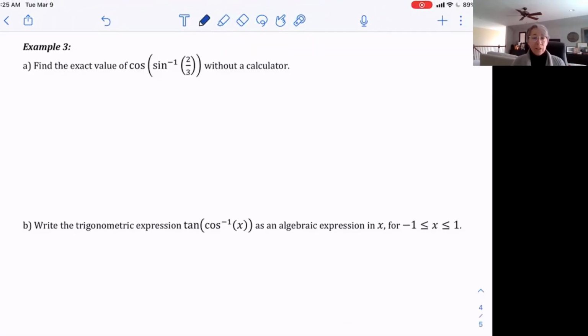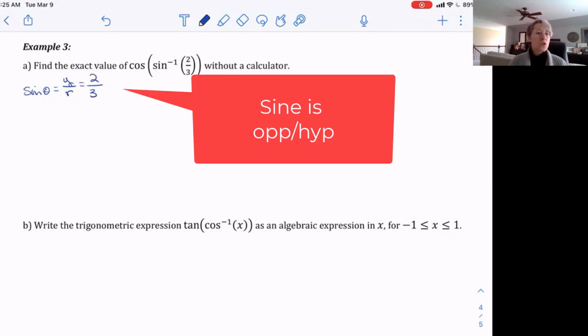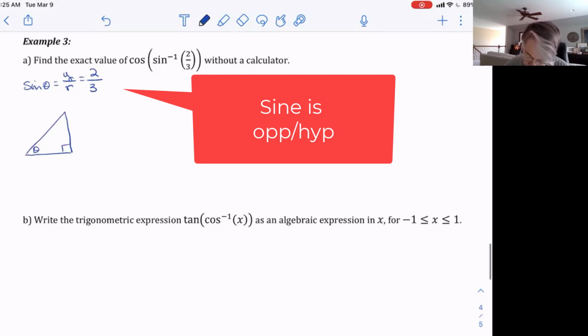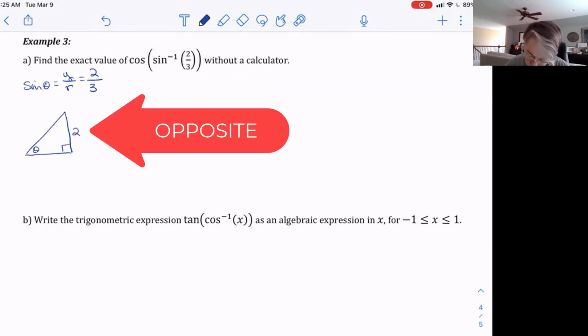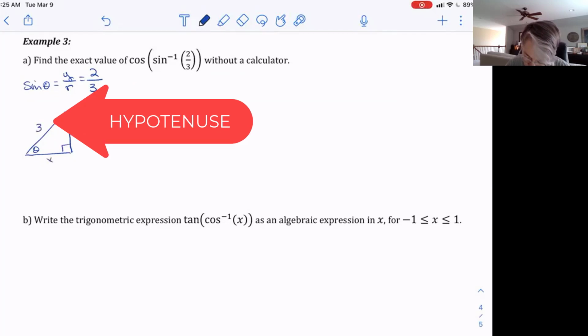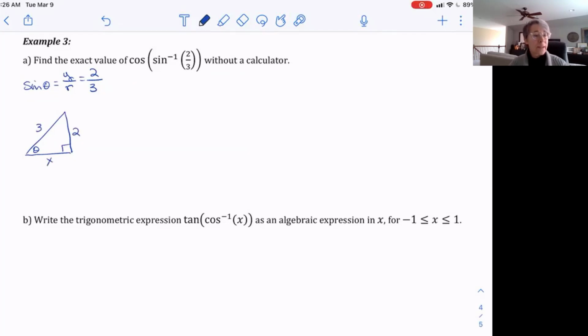So we can use either our Pythagorean theorem or we can use right triangle trig. They're both the same. So remember, for sine of an angle, it equals y over r. So we can say we have a y value of 2 and an r value of 3. So if we're doing right triangle trig, the y value is 2, the r value is 3, and we can use Pythagorean theorem to find our x.